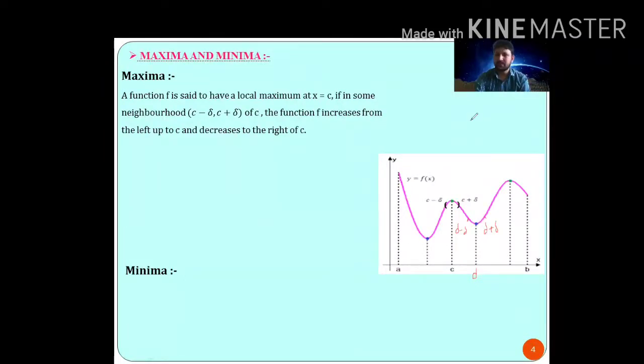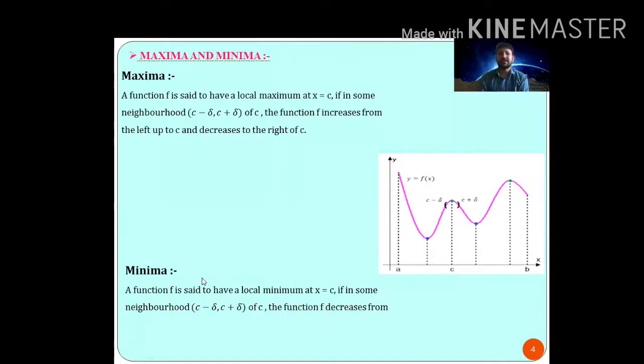Is it clear? Okay. So same as the previous definition, written as: function f is said to have a local minima at point x is equal to c in some neighborhood, same as taken, c minus delta to c plus delta of c, if function f decreases from the left of point C and increases to the right of C. These are the definitions for maxima and minima.